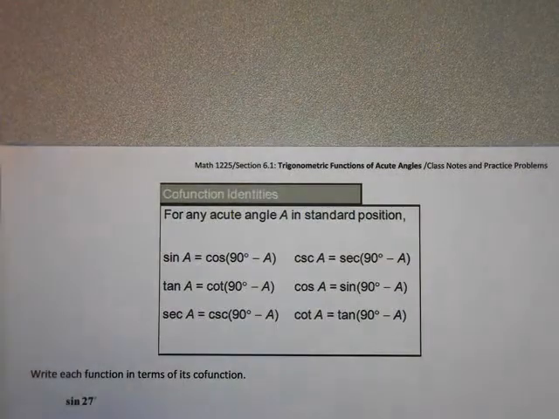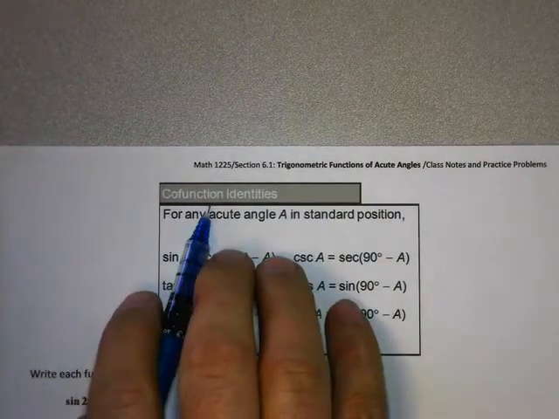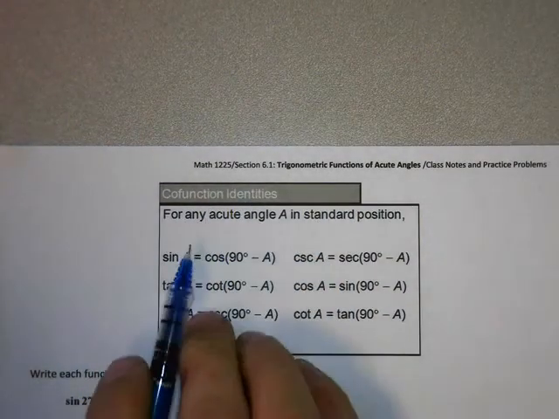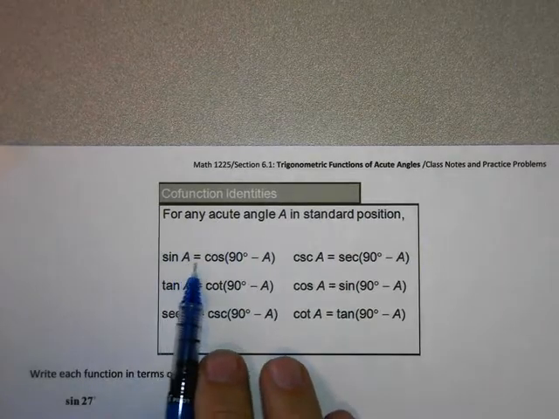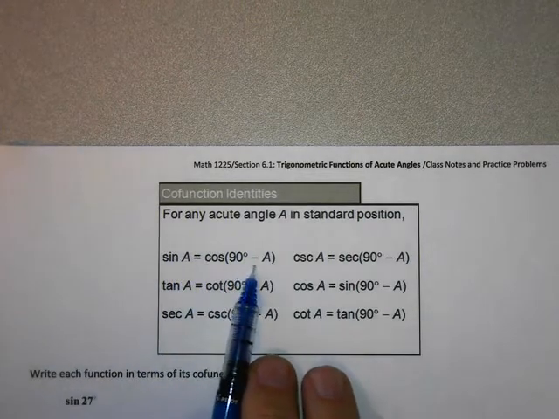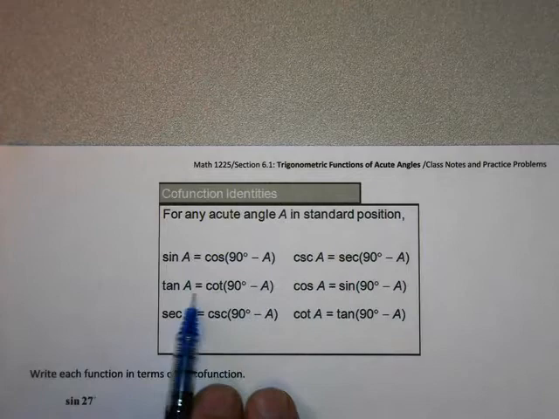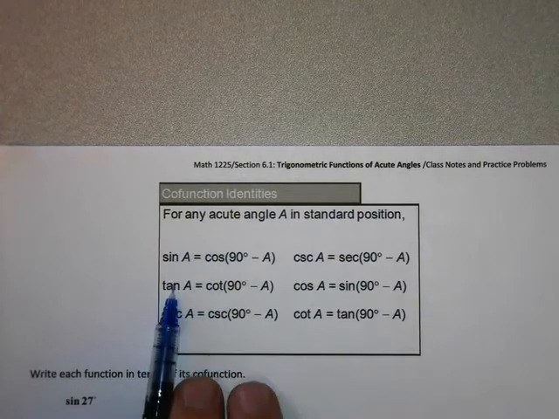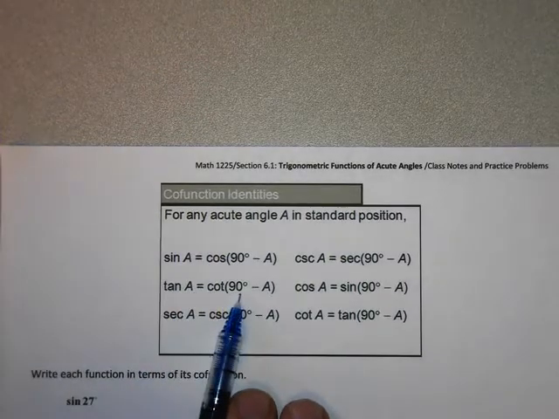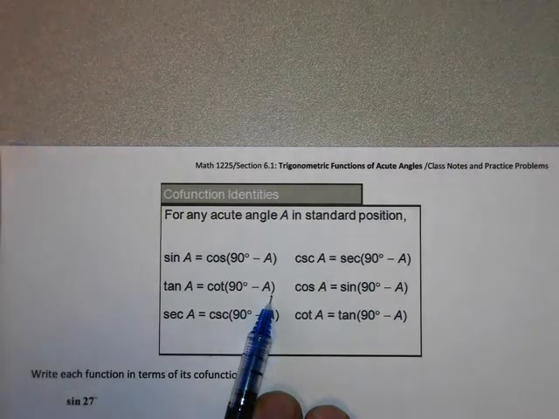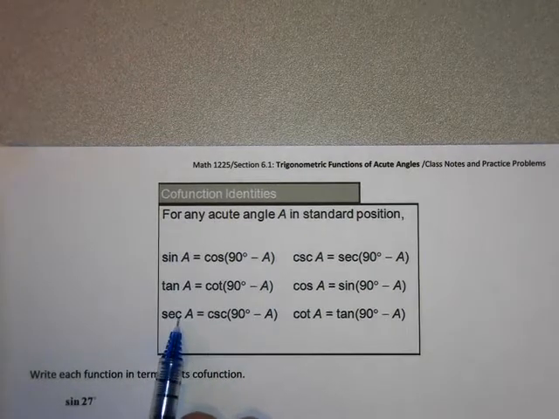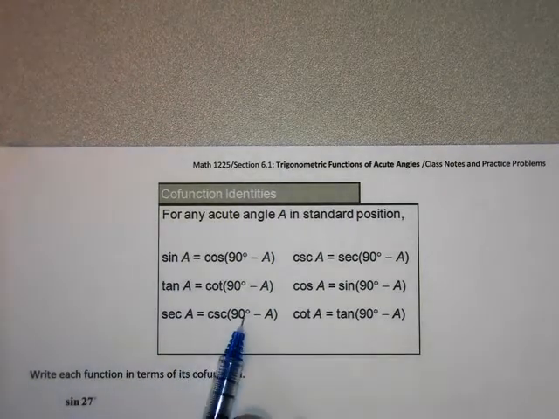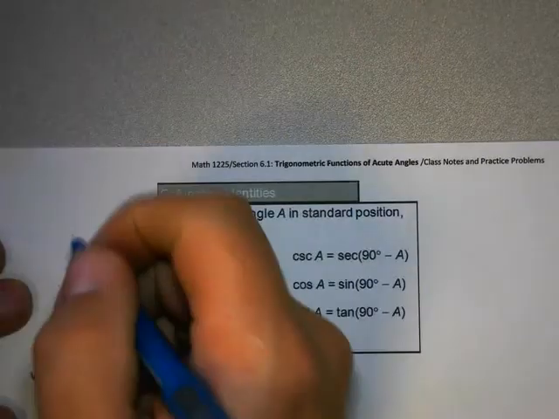So other identities, these are called cofunction identities, and this is saying sine theta is the same as cosine of 90 degrees minus theta. These are cofunction identities. Tan A equals cotan 90 degrees minus A. Secant A equals cosecant 90 degrees minus A, and our other ones.